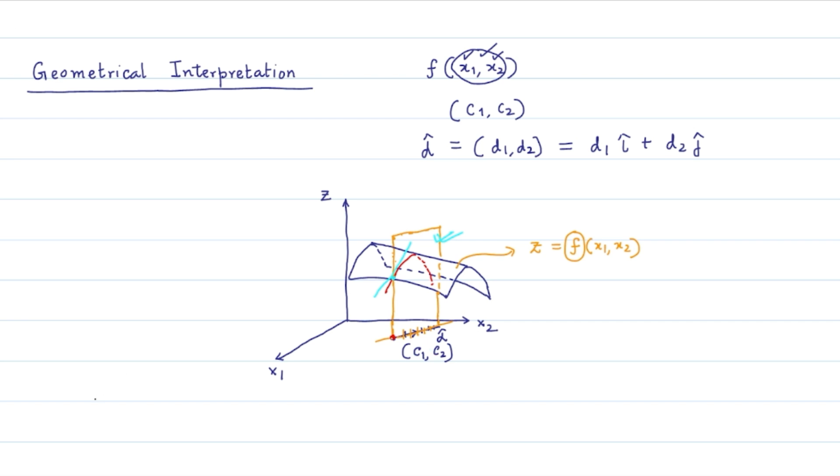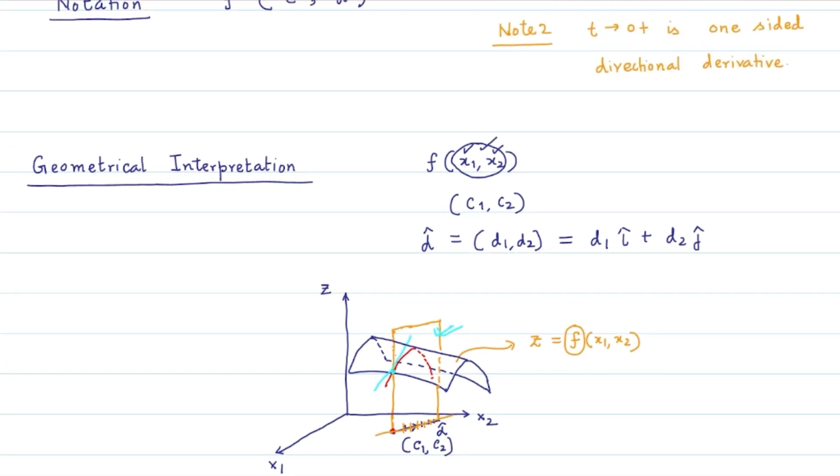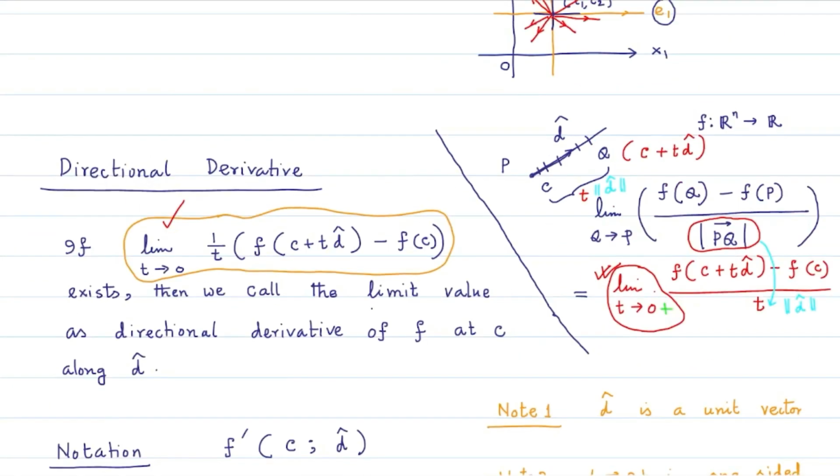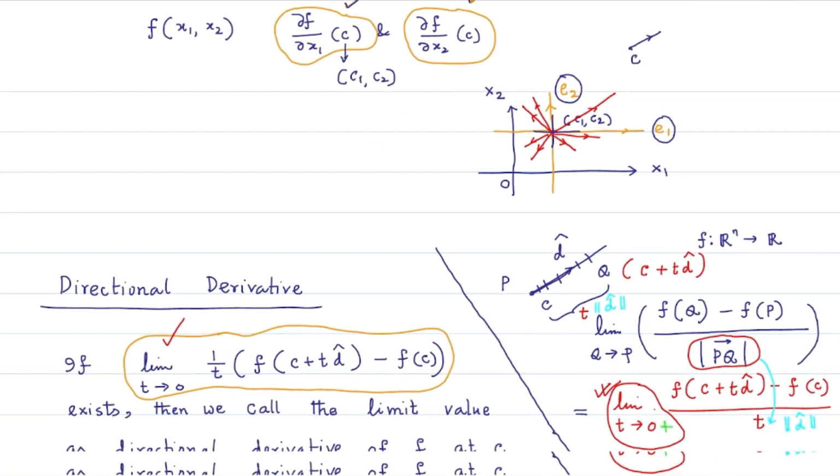After having this geometrical interpretation, let us consider an example to calculate the directional derivative at a given point. Let us consider the function that we took up while checking whether the existence of partial derivatives implies the continuity of the function or not.